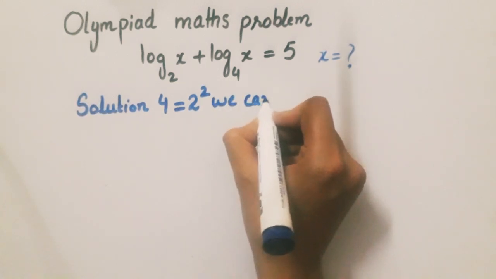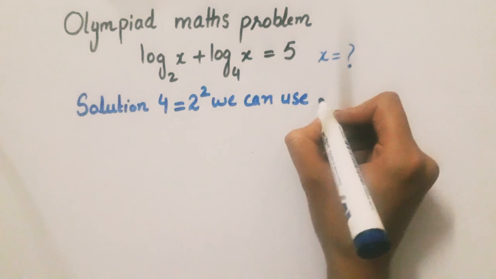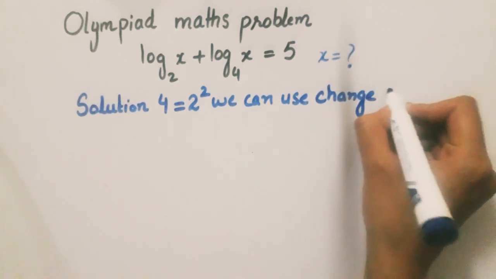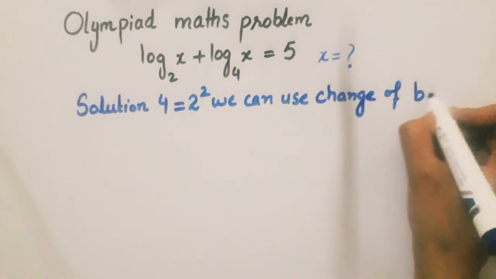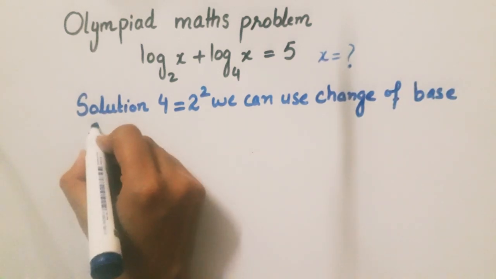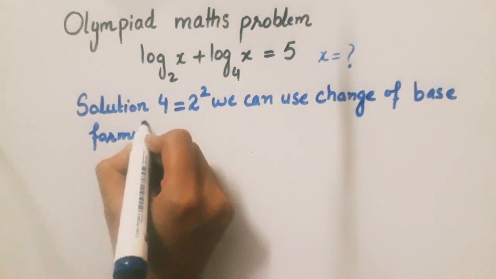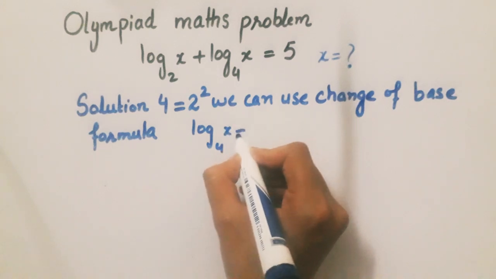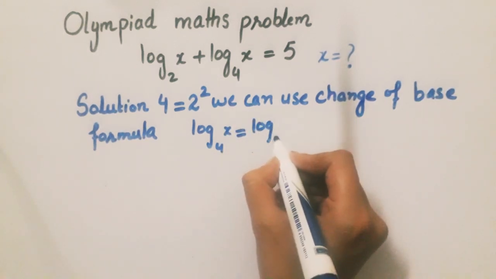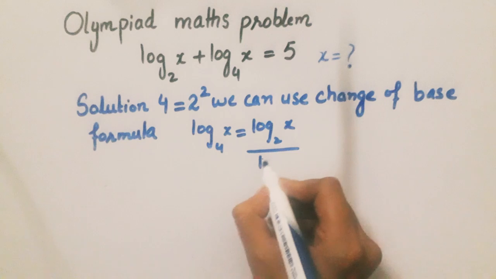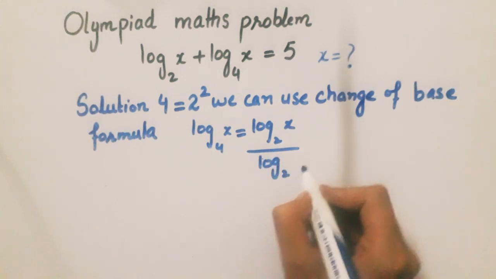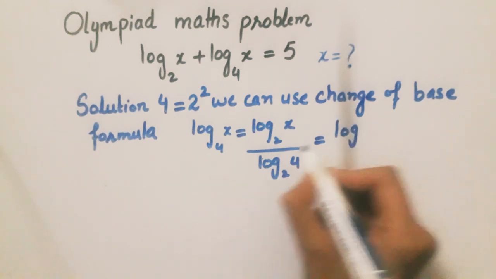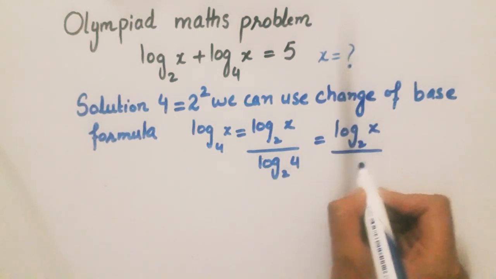We can use the change of base formula on this, that is log base 4 of x is equal to log base 2 of x divided by log base 2 of 4, and this will be equal to log base 2 of x by 2.